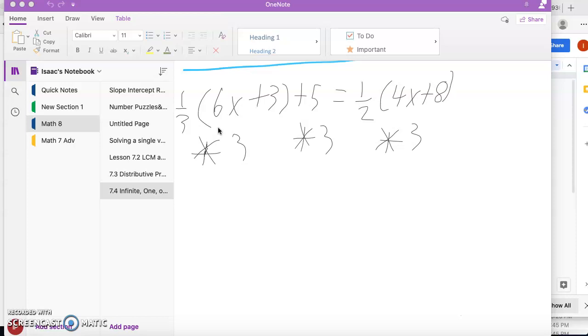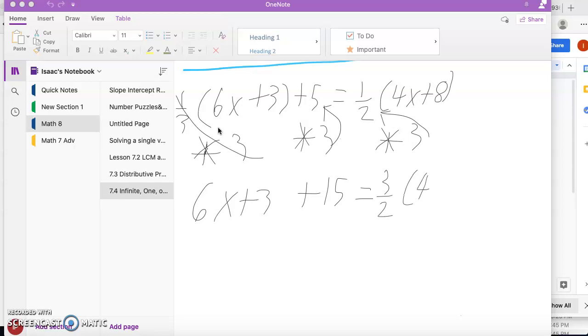So in the end, those two 3's cancel, and I'm left with 6x plus 3 plus 3 times 5 is 15, equals, and then 3 times 1/2 is just 3/2. So 3/2 times 4x plus 8.